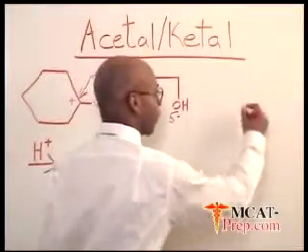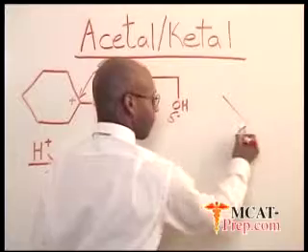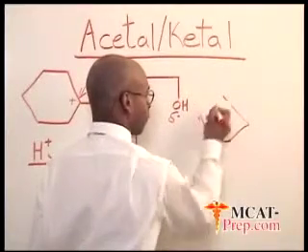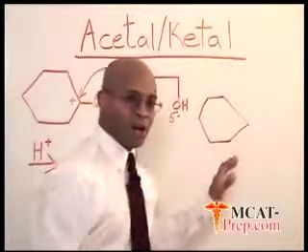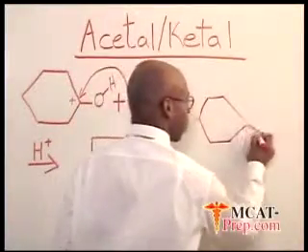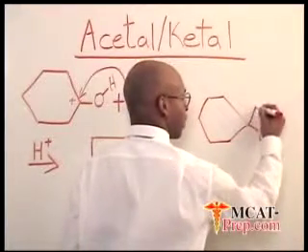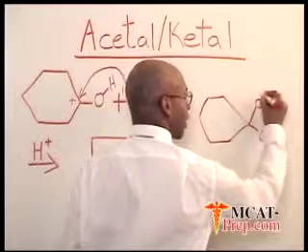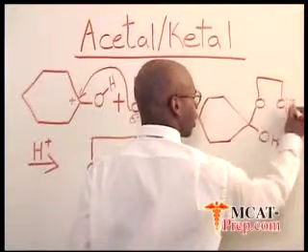We would have, I would draw it up like so. We would have, obviously a little bit distorted, but nonetheless we have the OH group here, and then we have the oxygen here, and then the OH of the diol.